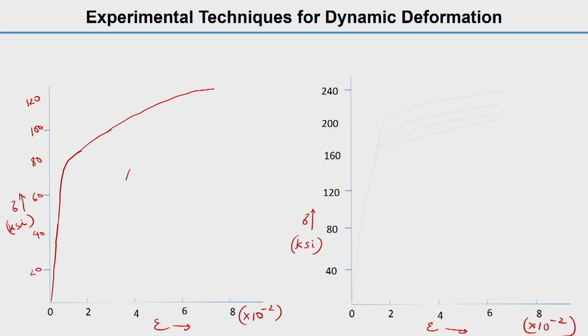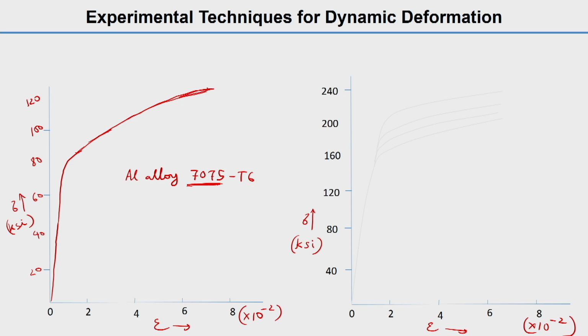So the material is aluminum alloy, and it is 7075 T6. T6 shows the heat treatment condition, but 7075 is the basic material nomenclature designation for this particular aluminum alloy. So the stress strain curves look like this.